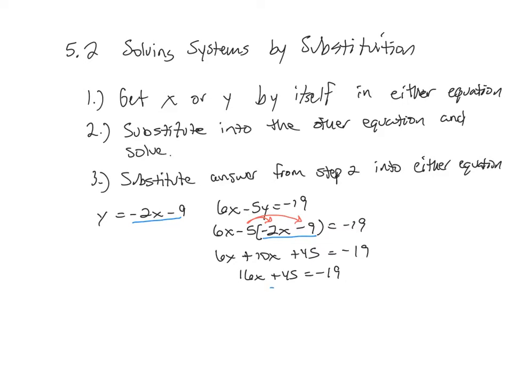Then minus 45. When they're both negative, we just add. So we get negative 64. And then finally divide by 16, and x equals negative 4.